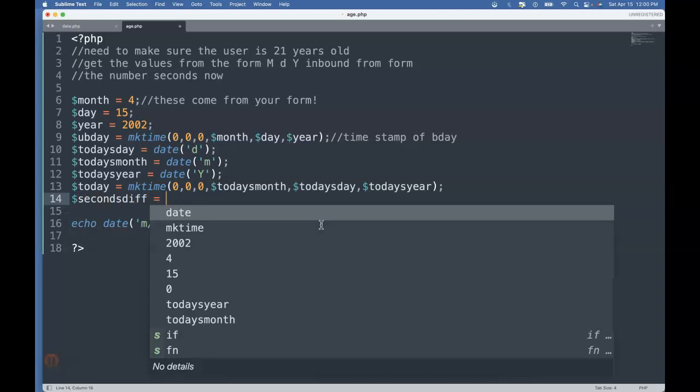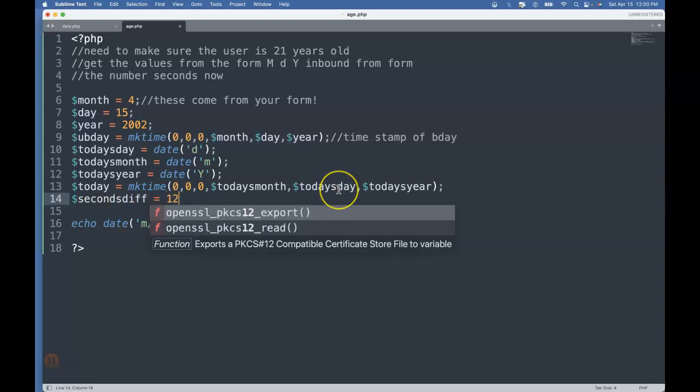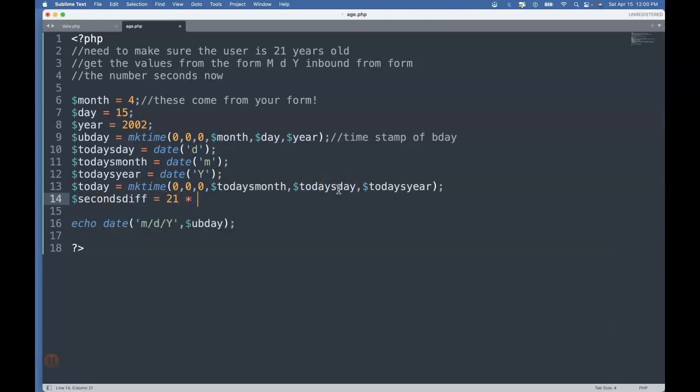Seconds diff is my variable, and that's going to be equal to 21 years times 365 days times 24 hours times 60 minutes times 60 seconds. If you want to make it clear, this is the number of seconds in a year. The order of operations is the same because they're all multiplied by each other. Doesn't matter, right?